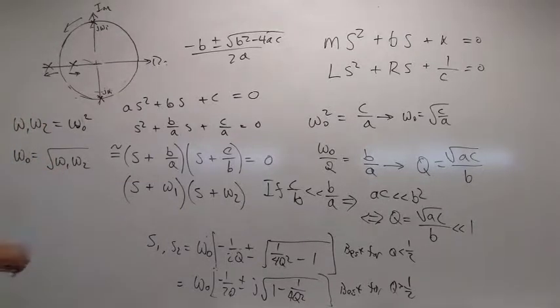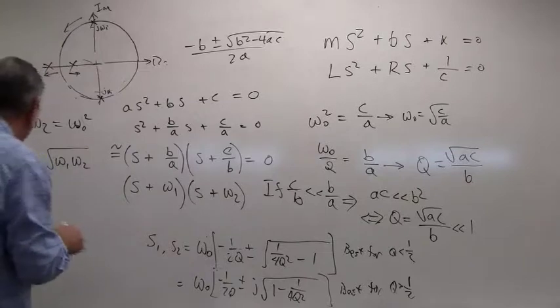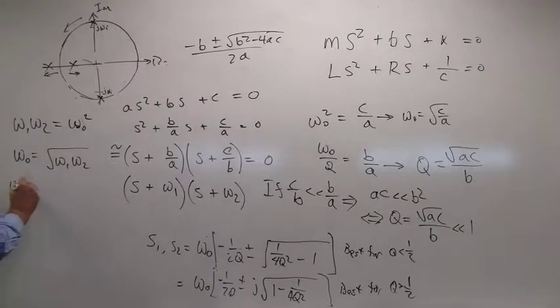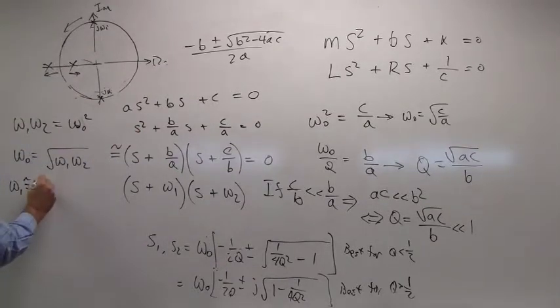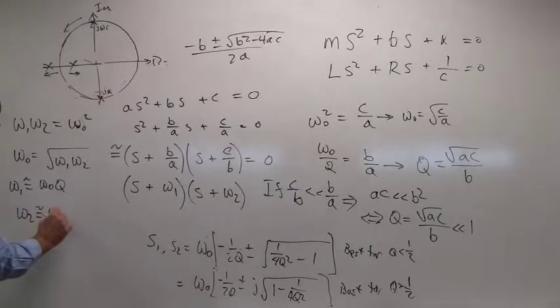This is the thing we need. Now, watch this. I can say that omega 1 is approximately, and the approximation is just as good as this, omega naught times Q, and omega 2 is omega naught divided by Q. And now we're really getting somewhere.